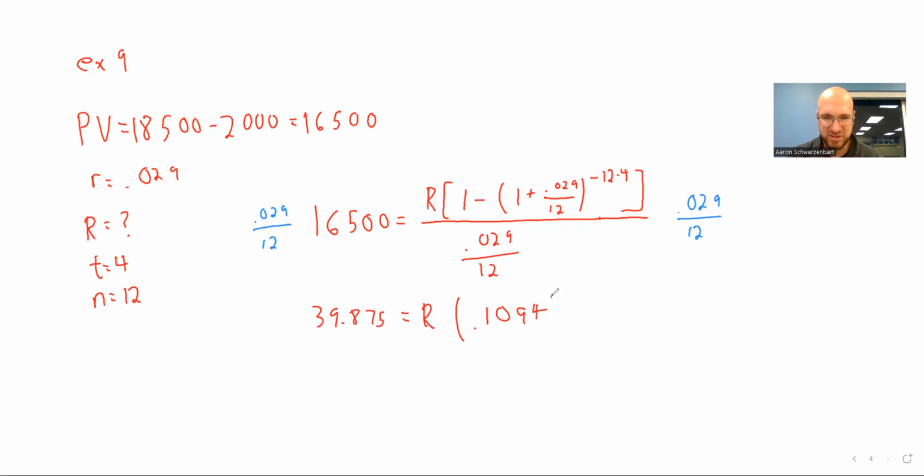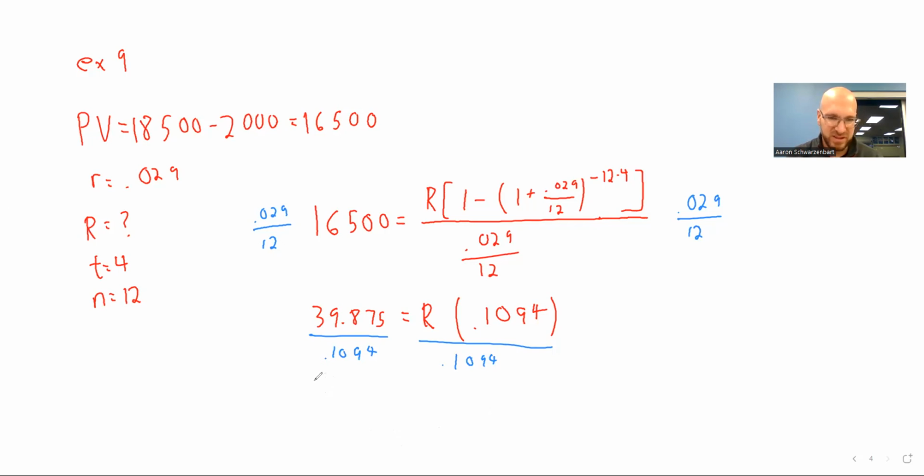I get a couple zeros, so I'm just going to leave off there. Now I can just divide by that 0.1094. And I get 364, and I'm going to round up.